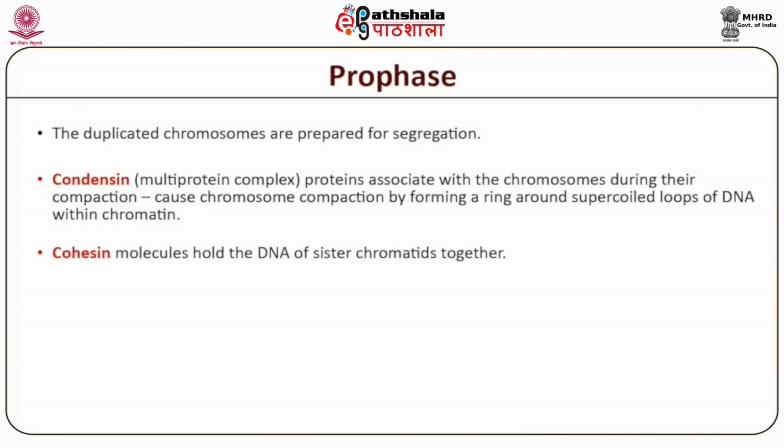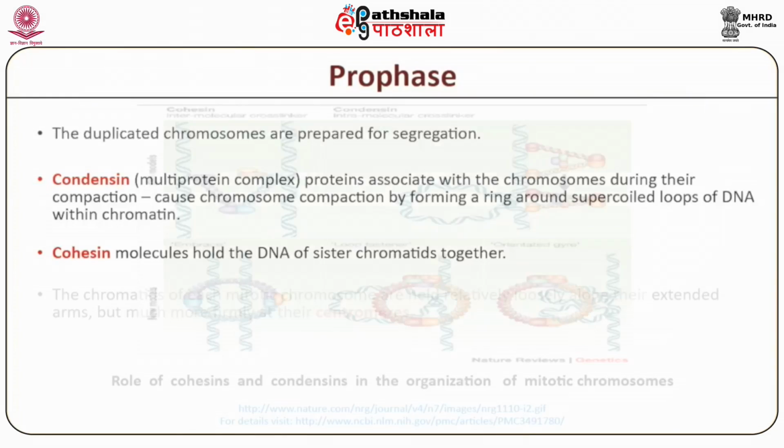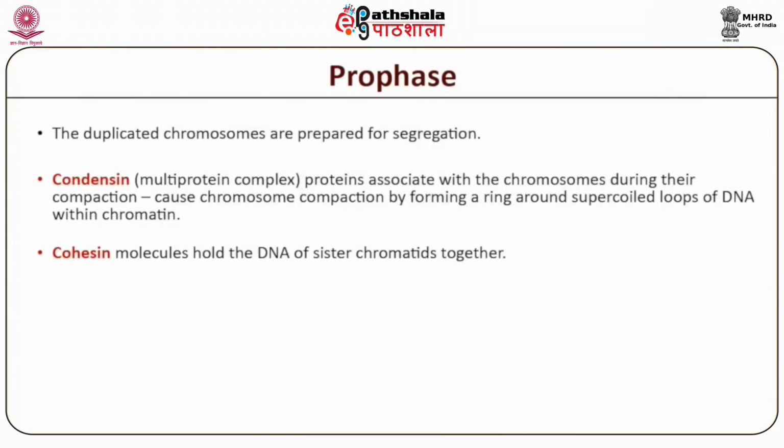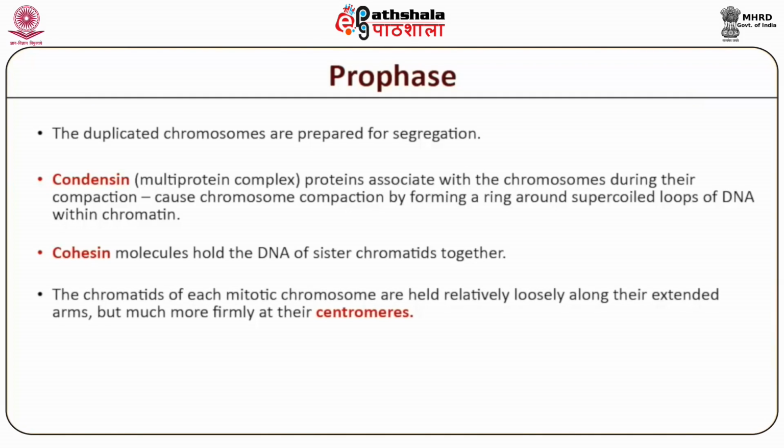Cohesin plays a role in holding DNA of sister chromatids together. So, as you can see in the figure also, condensin is an intramolecular cross-linker and cohesin is an intermolecular cross-linker, ultimately holding chromatids of each mitotic chromosome firmly at their centromeres and relatively loosely along their extended arms.